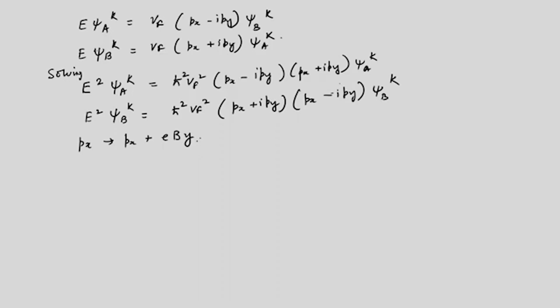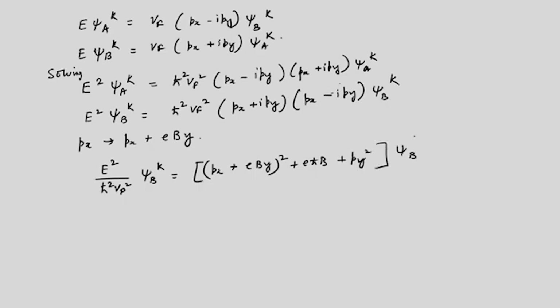Again, of course, in the last calculation also we took the gauge in the x direction. So, that is the Landau gauge, and once you do that and some simplification, what one gets is h cross square Vf square (px plus eBy) square plus eħB plus py square, acting on psi B K and so on. Okay. These K and K prime are the Dirac points.